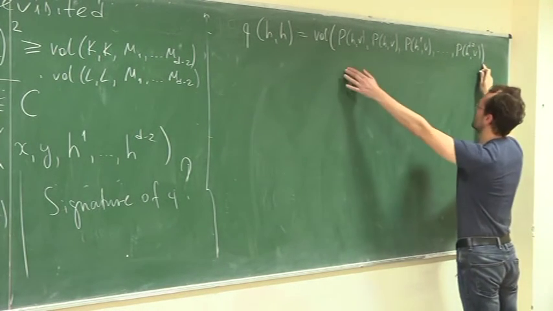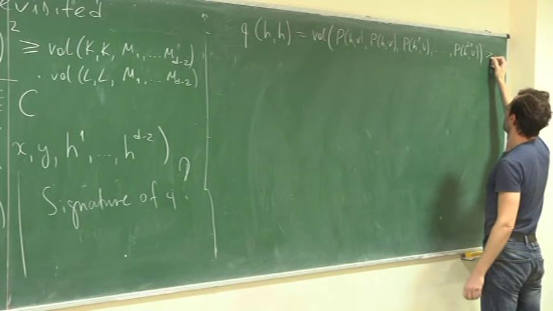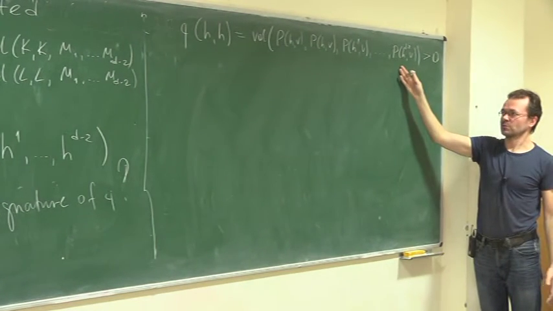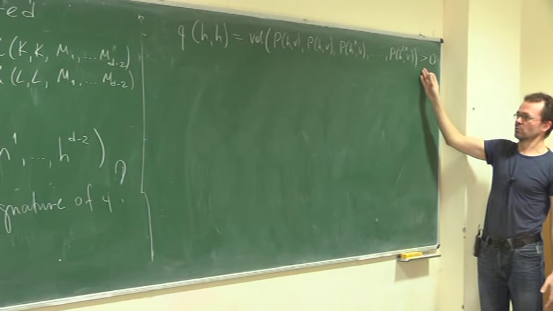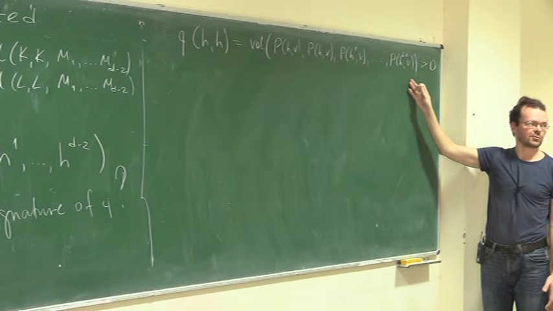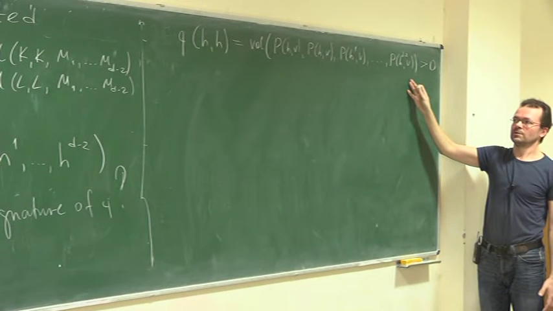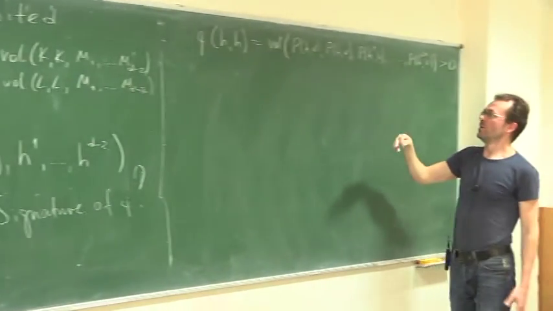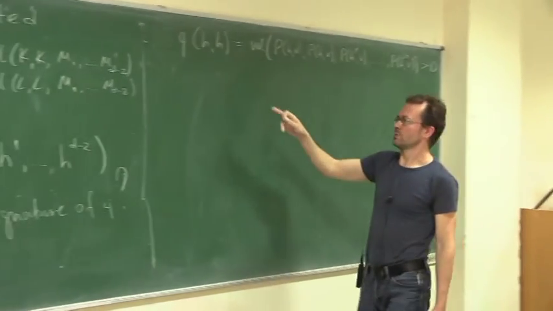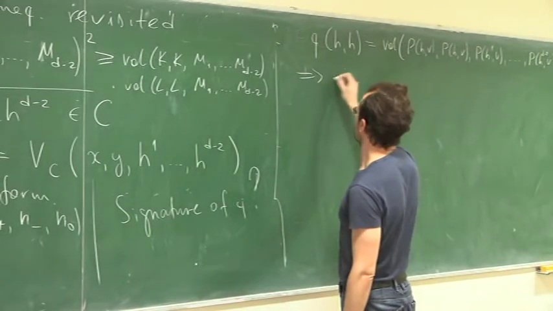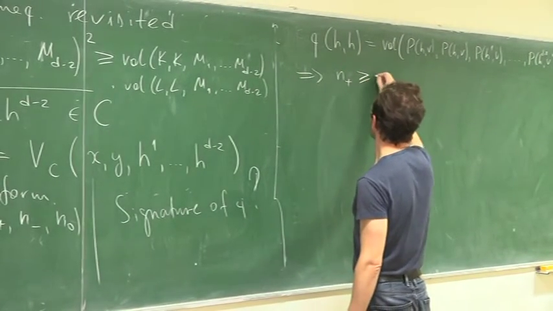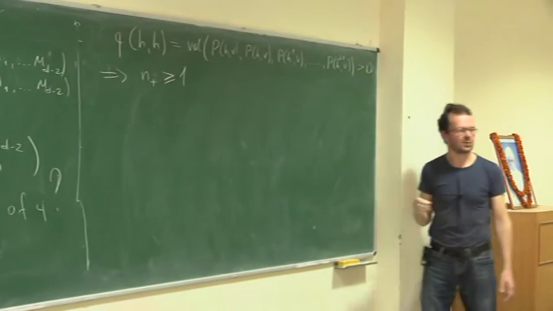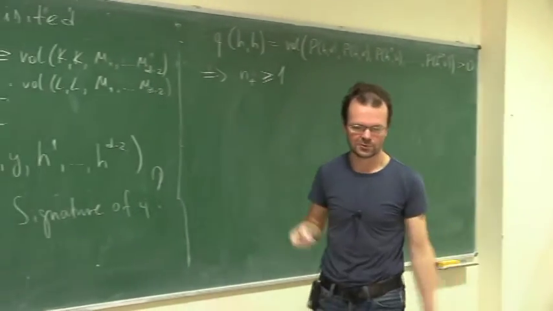And this is a mixed volume of convex bodies. It is always non-negative. It is even positive if these are really convex bodies with non-empty interior. We did not prove it, but that's a useful fact about mixed volumes. So if you take bodies with non-empty interior, then this is positive. All right, so that means that n plus is at least 1, because for diagonalization, we can use this vector as the first basis vector.